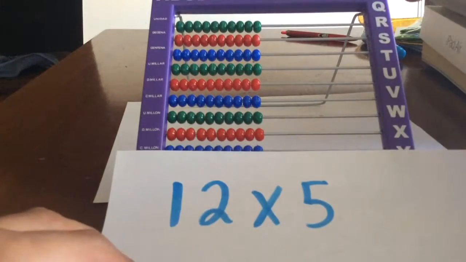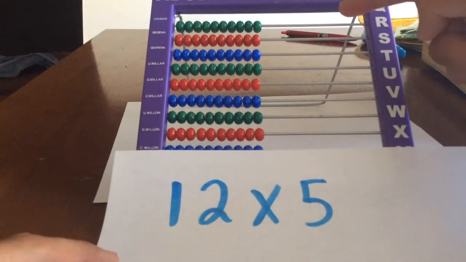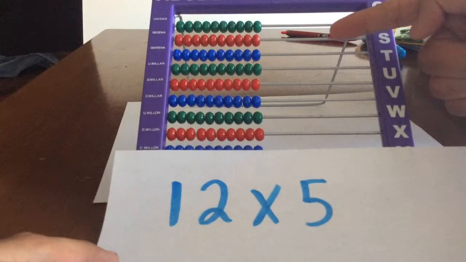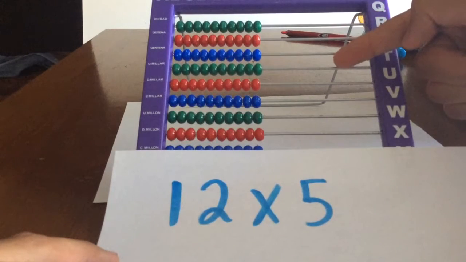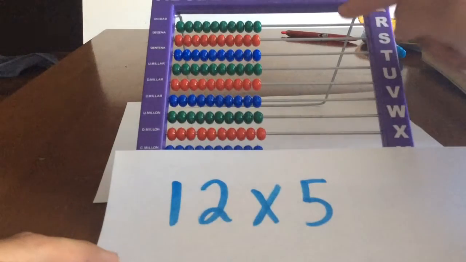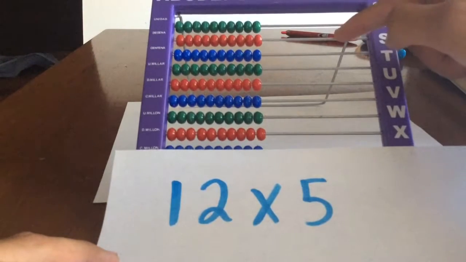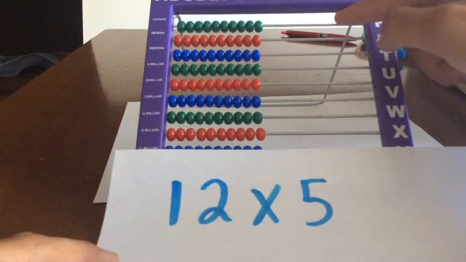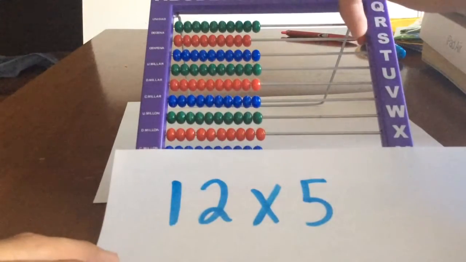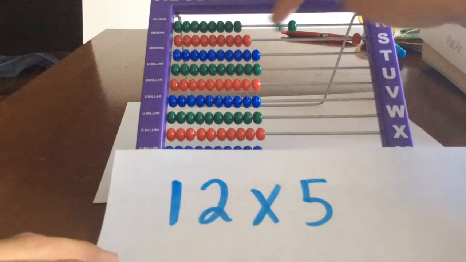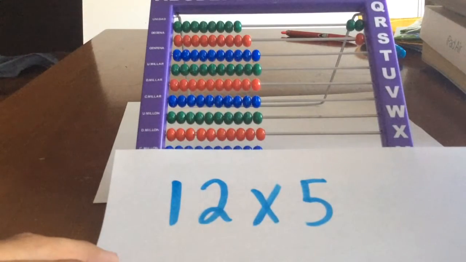So we begin by telling them, this is my ones, my tens, my hundreds, and thousands, and so forth, right? So tens and ones. Now first, 12. 1 ten we use, then 1, 2. That is my first 12.